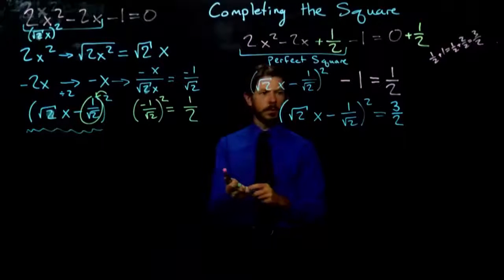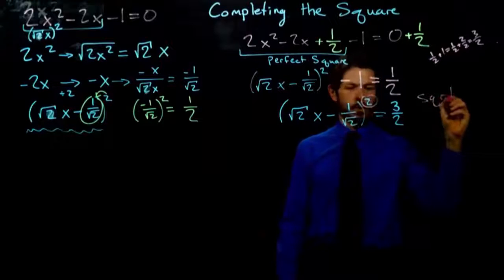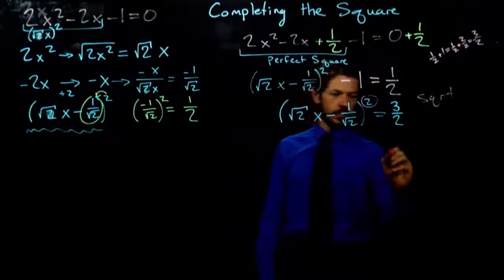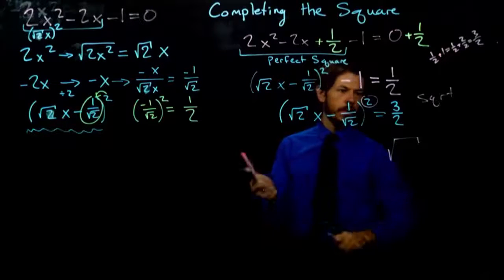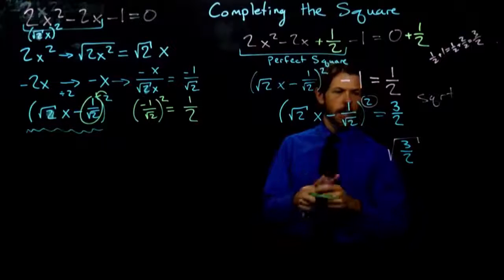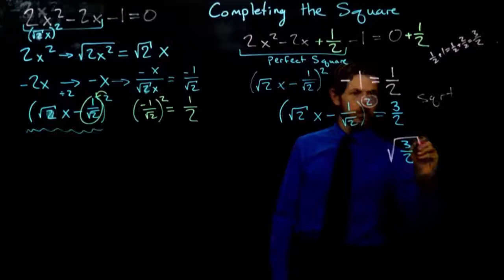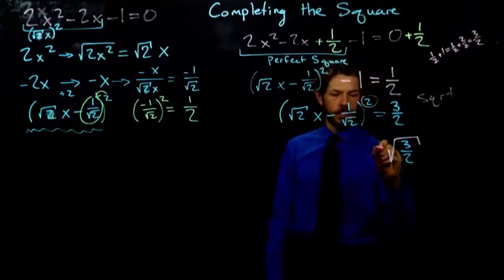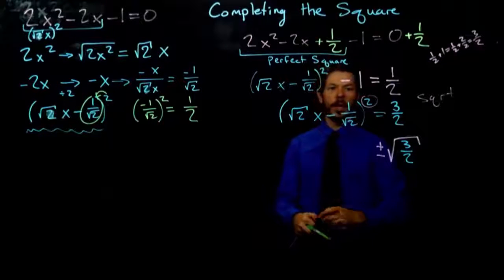Take the square root now. So this is the square root of the quantity 3 over 2. And whenever we take a square root, we have to pay the price for it. We've got to add the plus or minus to the front.